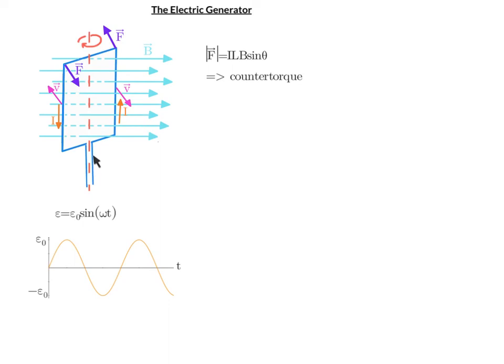So it converted electric energy from the current into mechanical energy. The electric generator operates the opposite way. It has to be rotated mechanically somehow. This loop has to be rotated mechanically. And as a result of the loop being rotated in a magnetic field, it produces an alternating current.